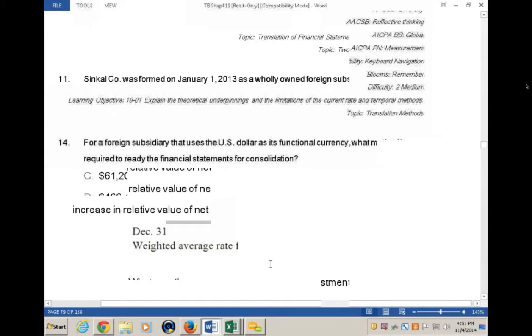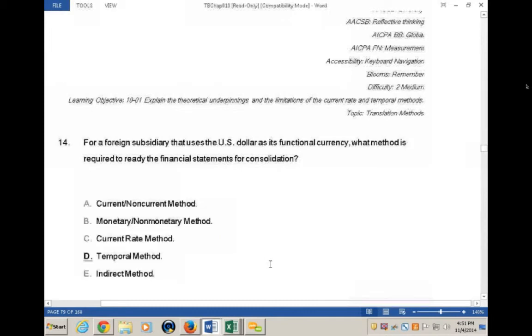It's forcing us to use historical rates for the longer dated assets like prepaid insurance and goodwill, and for the shorter term assets, it's having us use the current rate.